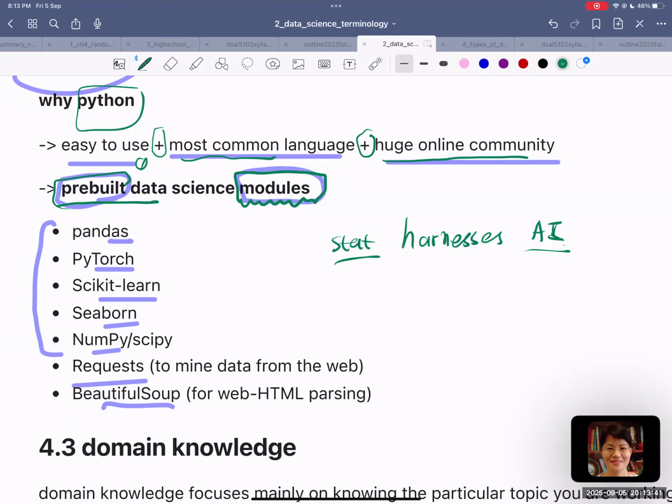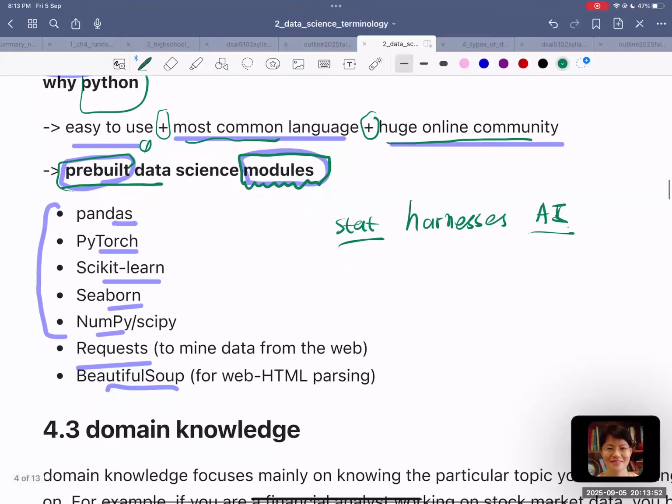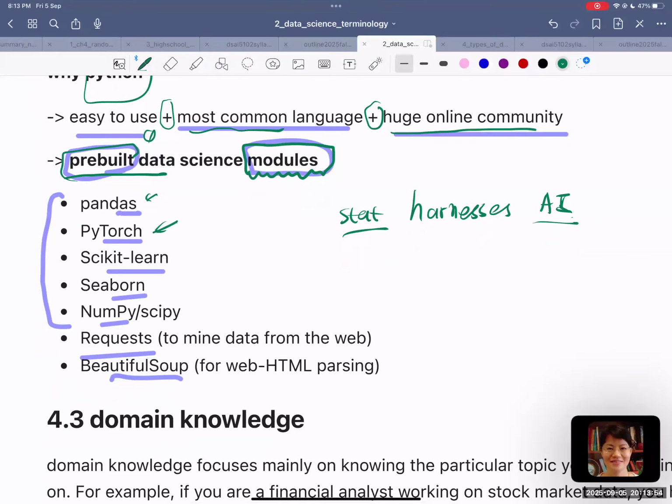But you don't know Python, so you need to work with people in AI. Let's just have interdisciplinary work. And here, like PyTorch, Pandas, Scikit-learn, and also NumPy. I think these several are often used if you try to use Python packages.